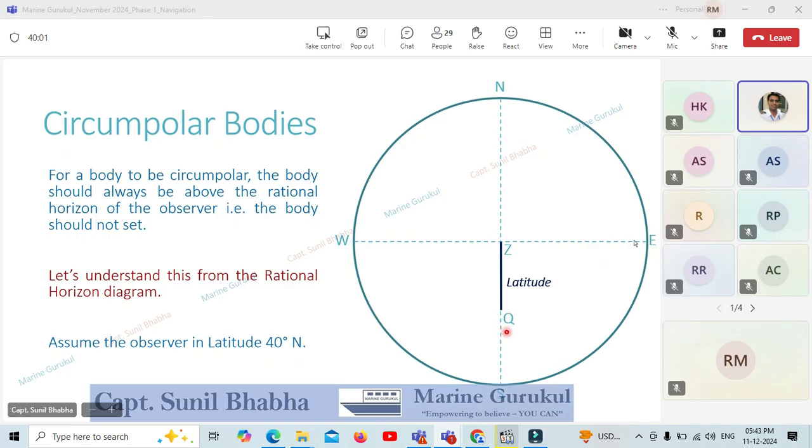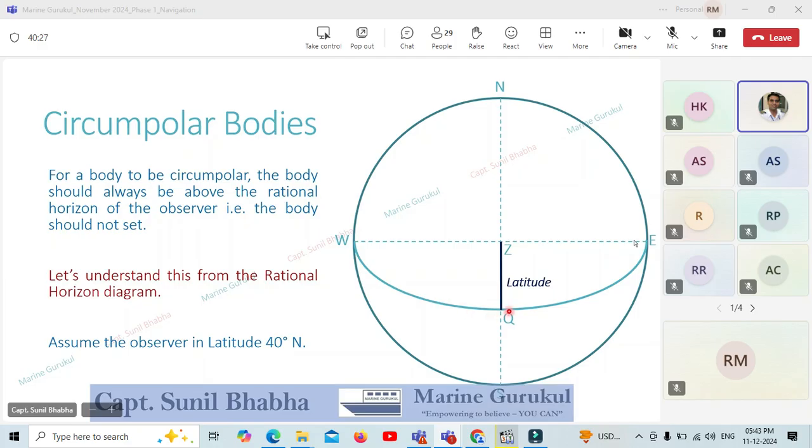It is represented as point Q in the rational horizon diagram. We are aware that the equinoctial always passes through the west and east points. So the equinoctial will pass through W, Q, and E, and we can now show the equinoctial in our diagram. We have the equinoctial here.